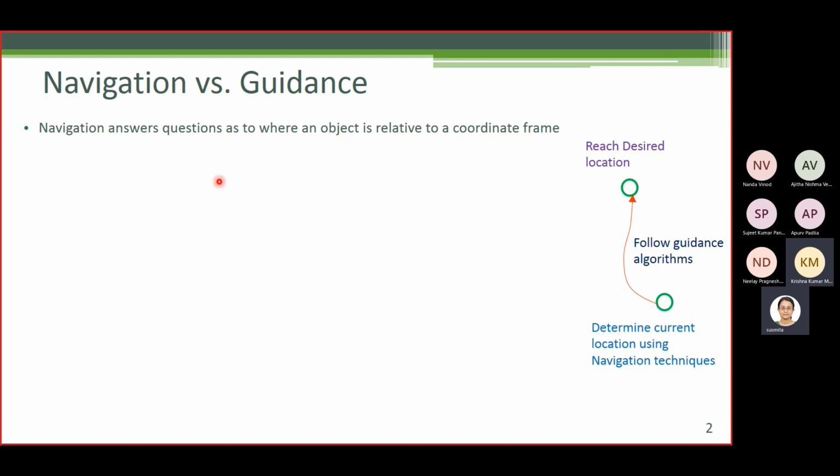On the other hand, guidance gives instructions on how to move from the current location to the desired one. So with the help of navigation methods, we find the current location, the position of the object, and then using guidance algorithms, we go to the desired location from the current location.